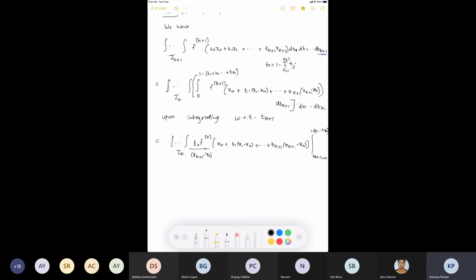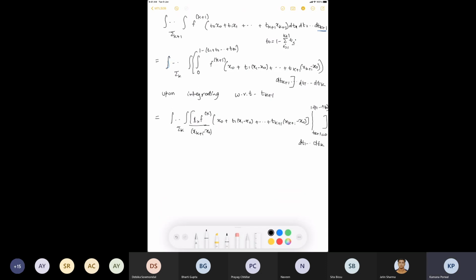Okay, and then this complete thing is integrated with respect to these variables. Okay, so now let's substitute the limits of the tk plus 1 here.